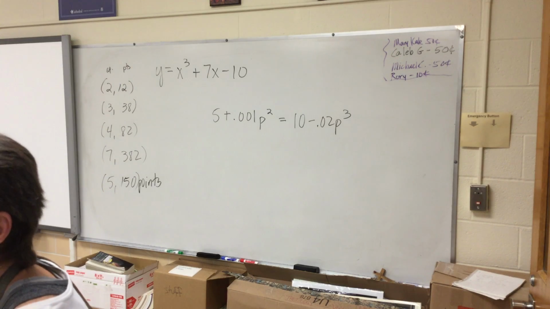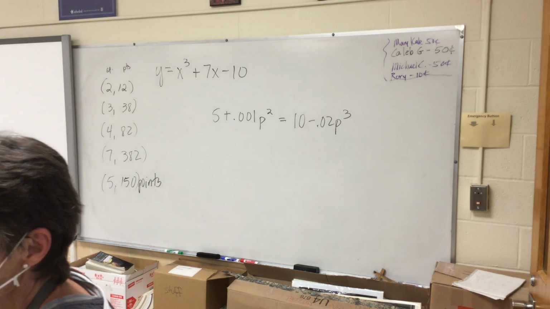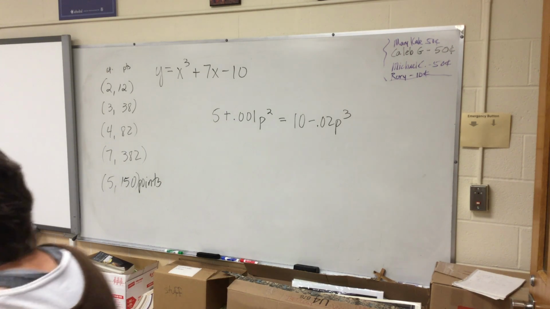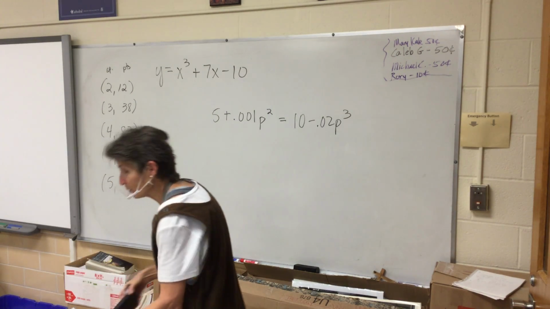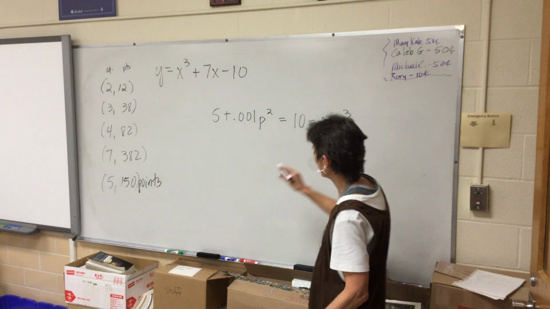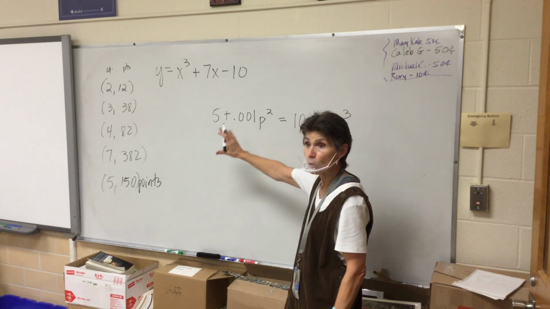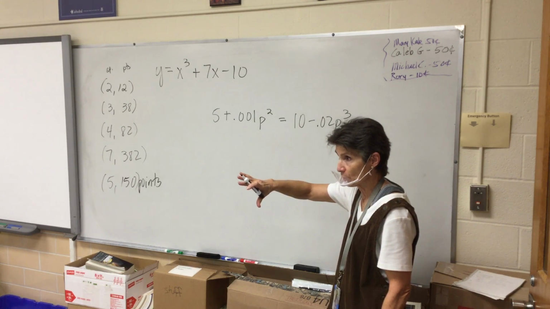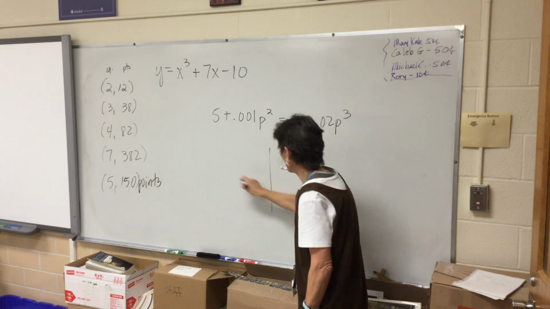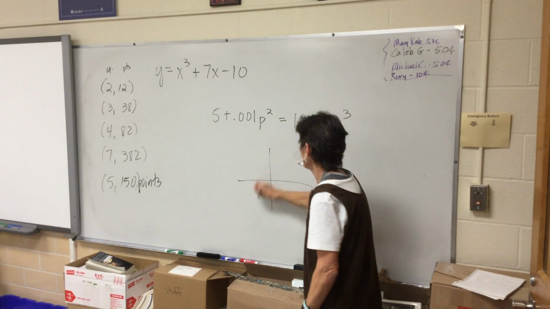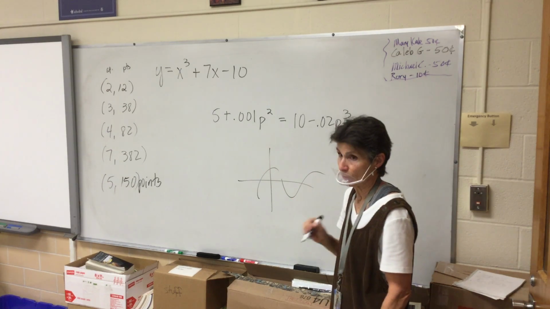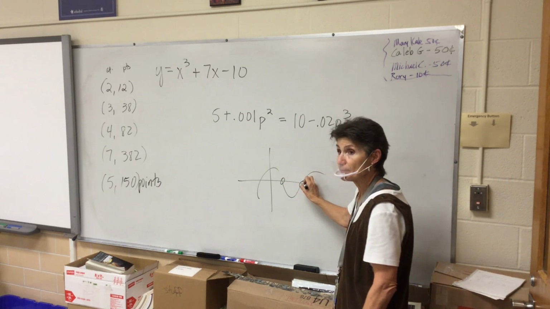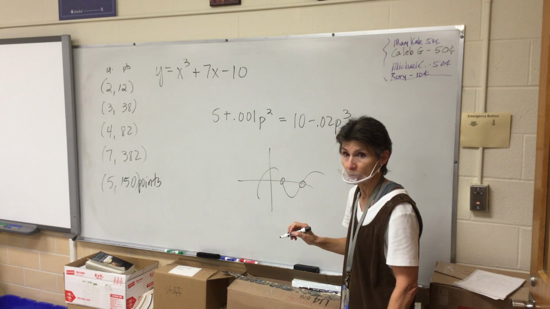All right, how do we find that? Now remember, you have a calculator. You are supposed to be using your calculator. So what I would do, you really have two main choices here. You could move everything over to one side of the equation, get it set equal to 0, and then when you graph your one equation, what would you be looking for? These points right here, right? If you set it equal to 0.